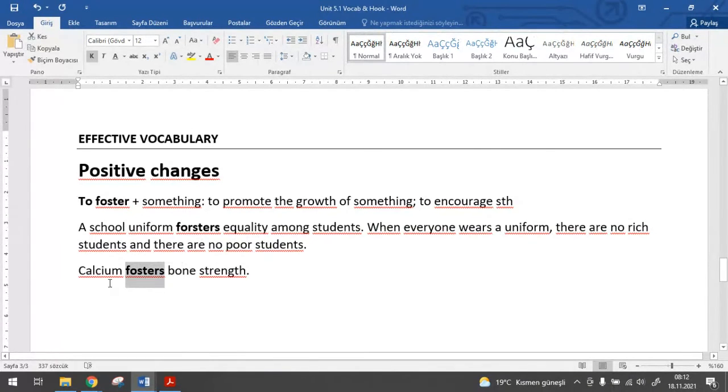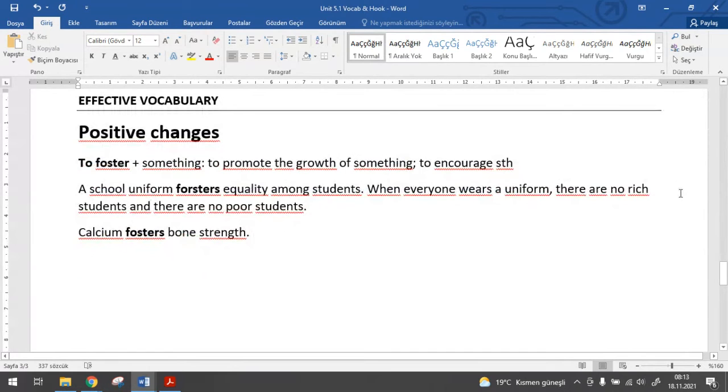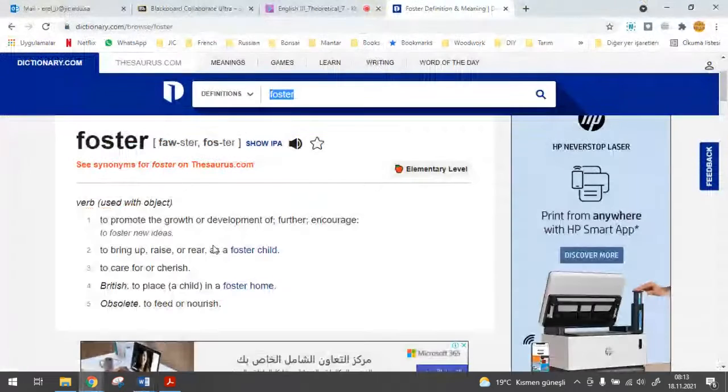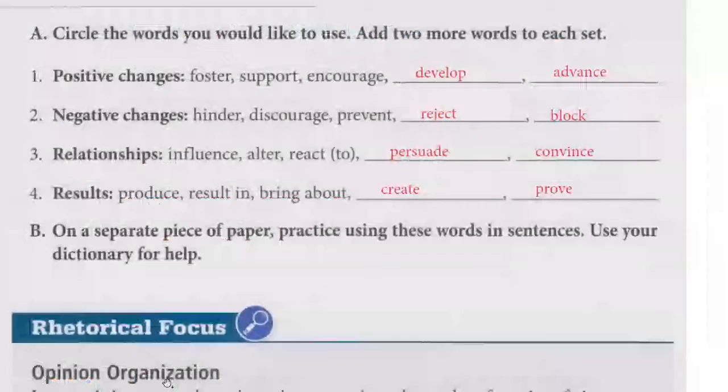So you can say that calcium encourages bone strength. Calcium fosters bone strength, right? So that's a nice word to learn. And this word is about a positive change. When you talk about positive changes, not negative changes.